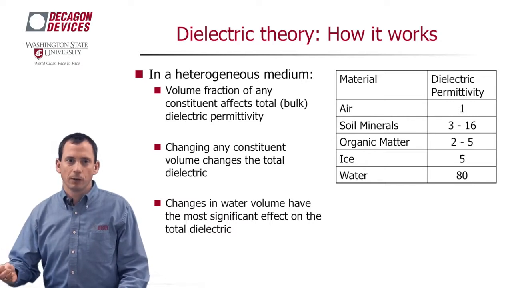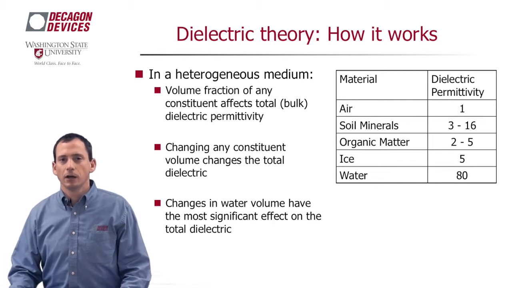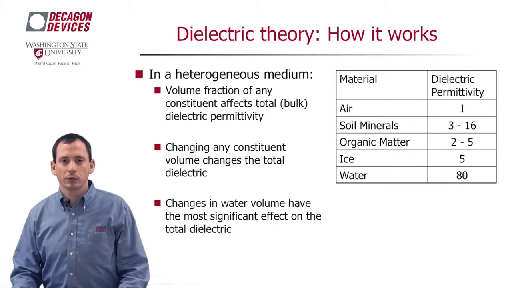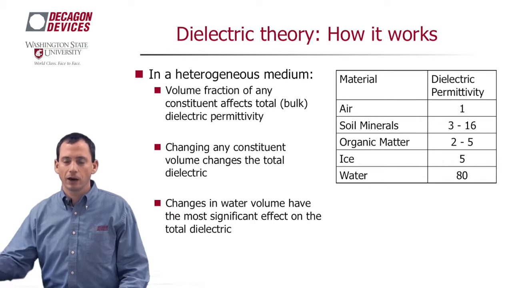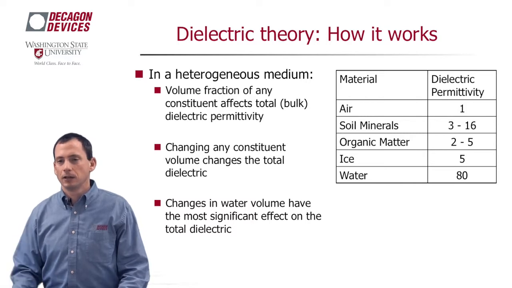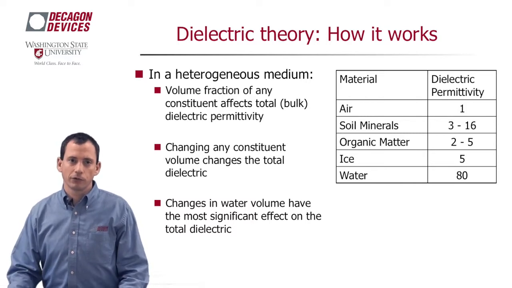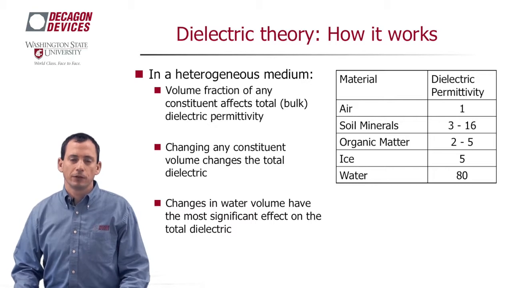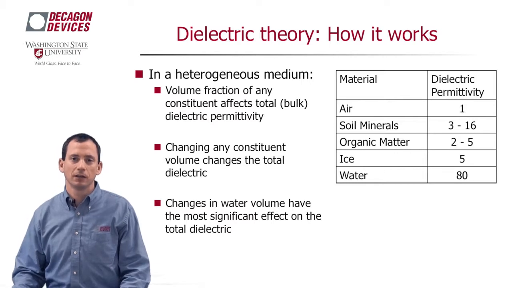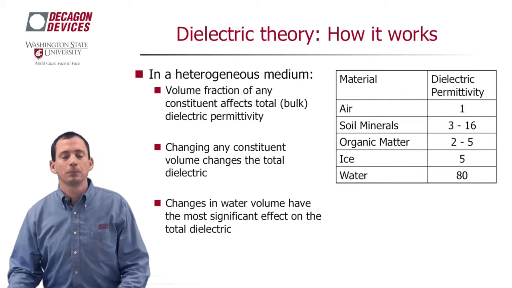We have some soil mineral component, which you can see up there has a dielectric permittivity of maybe 3 to 16. We have air in the soil, which has a dielectric permittivity of 1, maybe some organic matter, 2 to 5. If we're working in frozen soils, then we have an ice component. But then you'll see that any water in the soil has a relatively high dielectric permittivity, 80 basically.